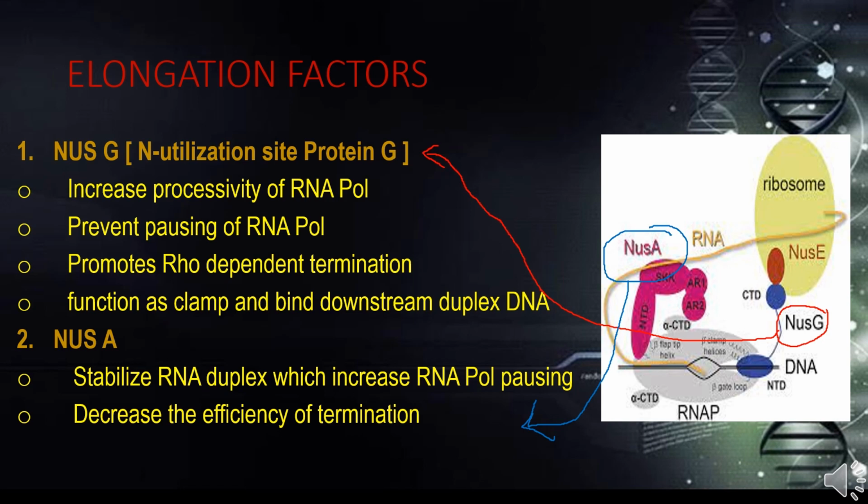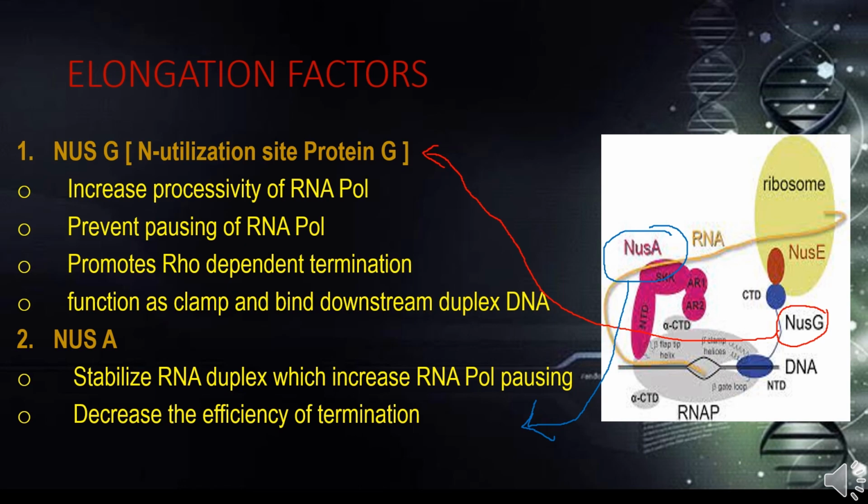It increases the processivity of RNA polymerase. It functions as a clamp and binds downstream of duplex DNA. It prevents the pausing of RNA polymerase. So it also promotes rho-dependent termination.